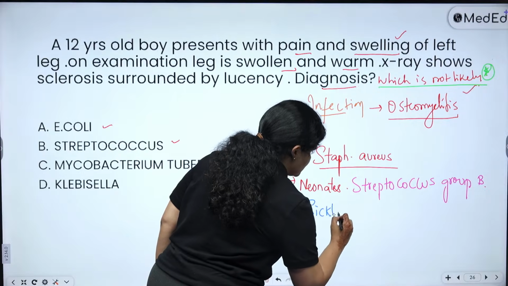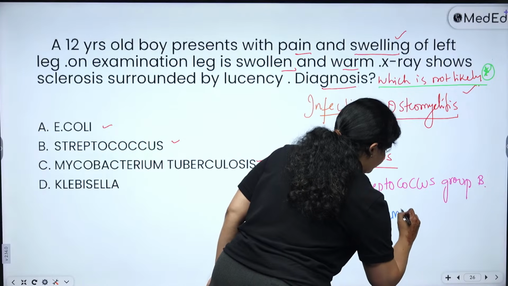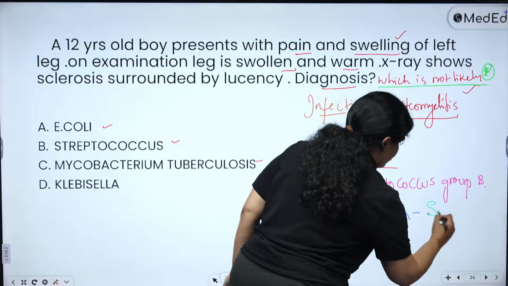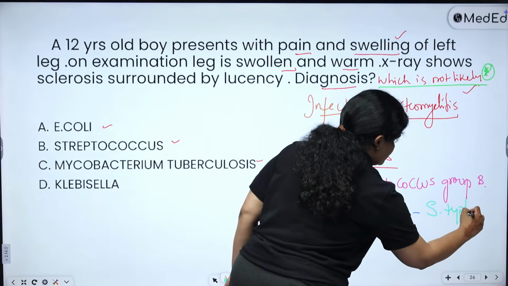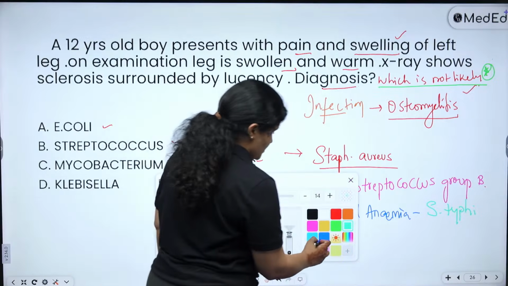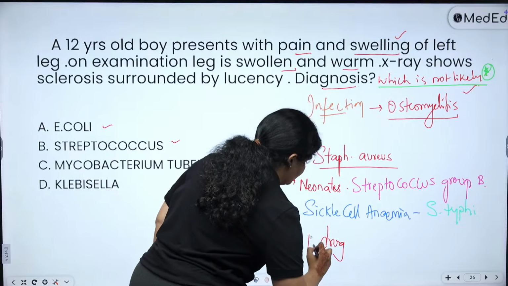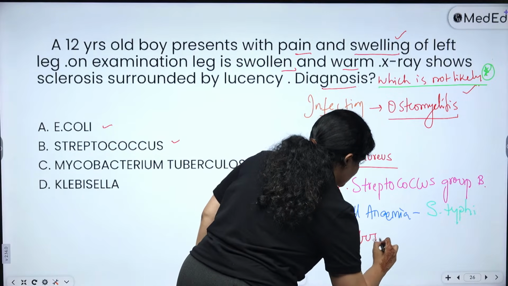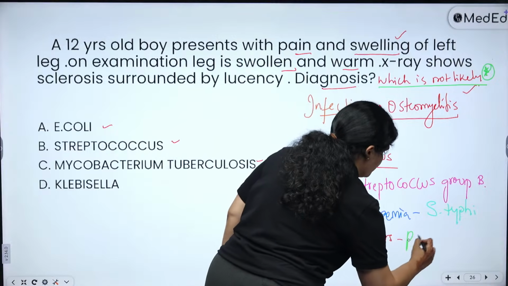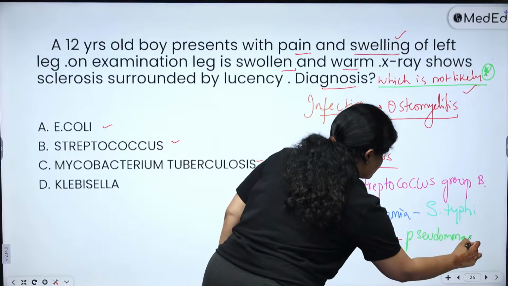What is associated with sickle cell anemia is Salmonella typhi. And then your drug abusers. In case of IV drug abusers, which bacteria is associated? Yes, it is Pseudomonas. So Pseudomonas is associated with IV drug abusers.